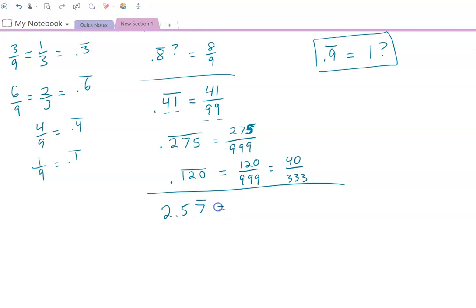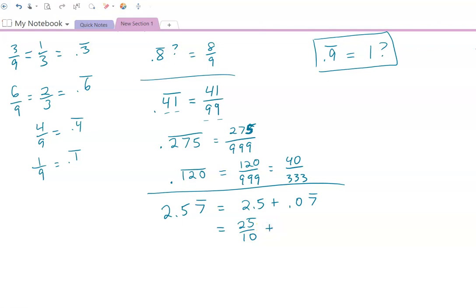Okay, I'm going to write this as 2.5 plus 0.07 repeating. Okay, and then once you get the hang of this, you don't need to do these in-between steps, but this is just for explanation purposes. All right, so 2.5, I know that's 25 over 10. Okay.